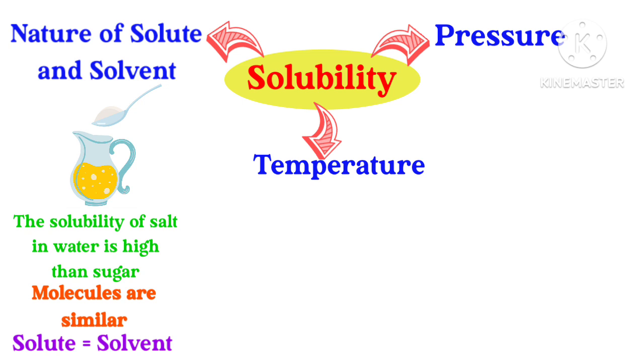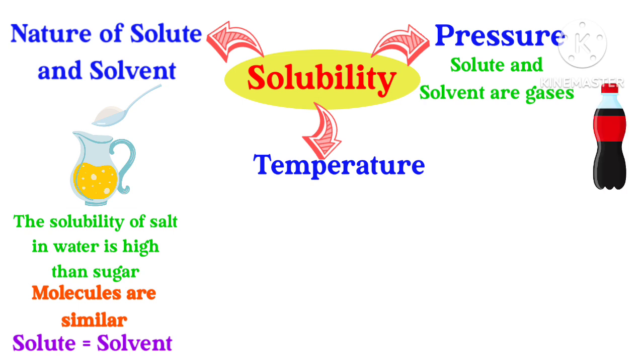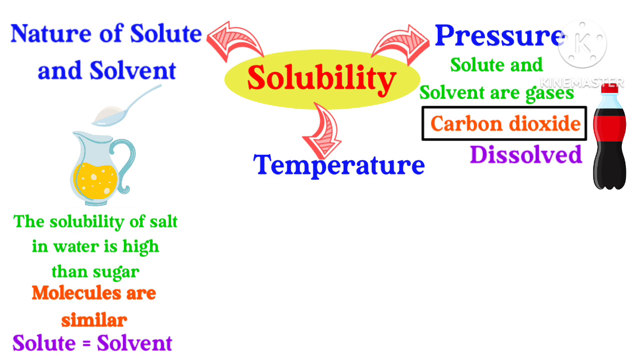Secondly, if the solute and solvent are gases, solubility is affected by the pressure. For example, in carbonated drinks, carbon dioxide gas is dissolved in water at high pressure. So if you open the bottle, the pressure decreases and carbon dioxide gas evaporates. As a result, the solubility decreases.